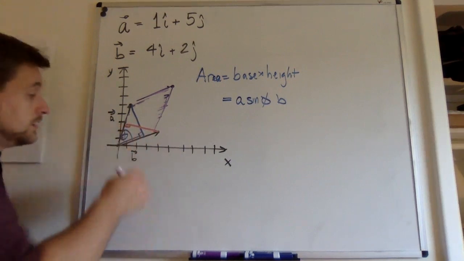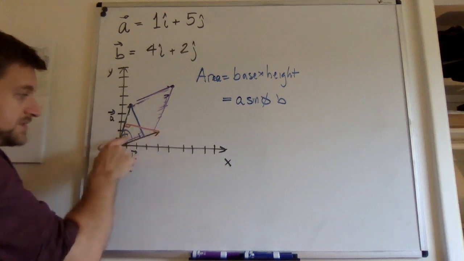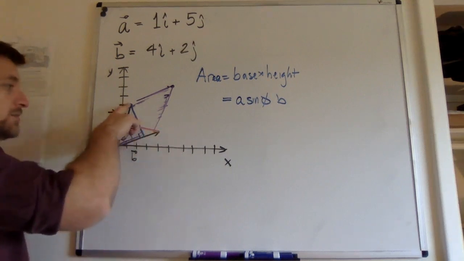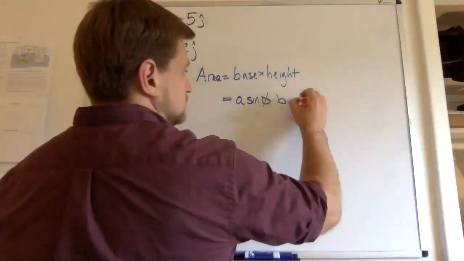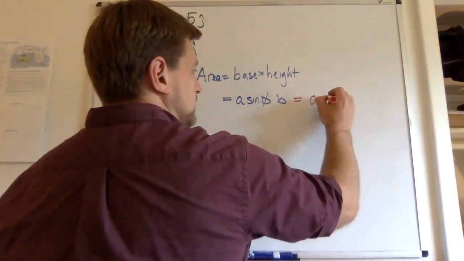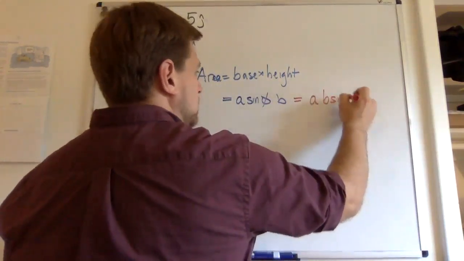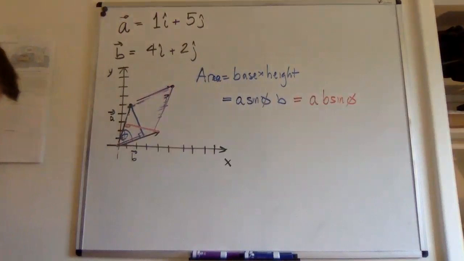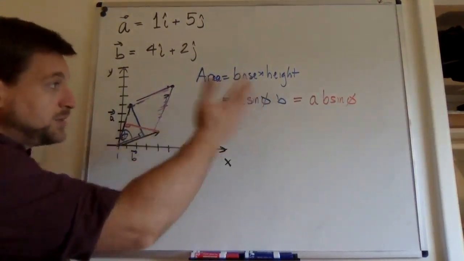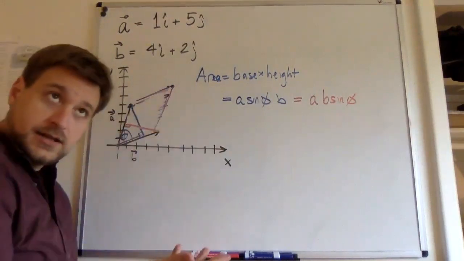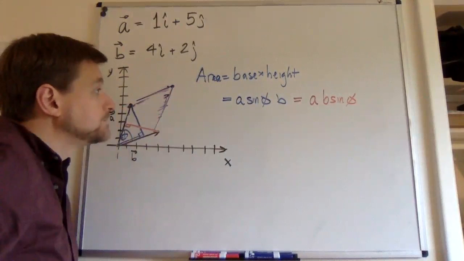Same story. We find the height with vector B times the sine of phi multiplied by the base, and we end up with the same expression: A times B sine phi. Okay, cool. So we know how big it is. We know its size. We know the square footage of this area.